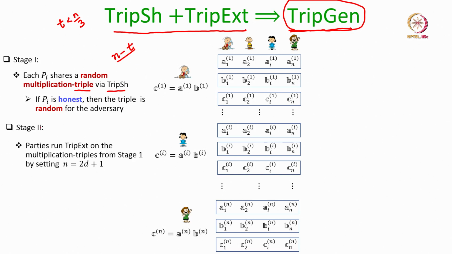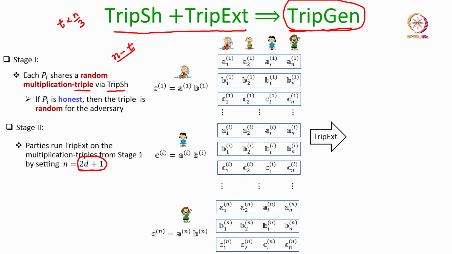So, in stage 2 we can run the triple extraction procedure on the shared multiplication triples which we have at the end of stage 1, by setting n to be 2d plus 1. For simplicity we assume that n is of the form 2d plus 1.